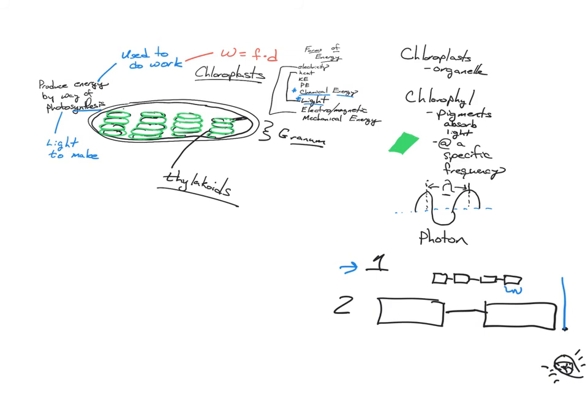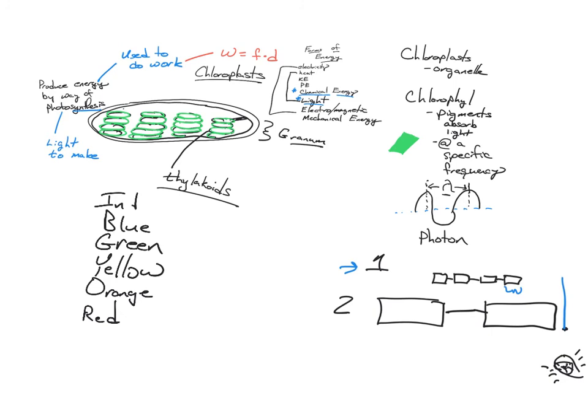So it turns out light has colors as frequencies as well, wavelengths and frequencies. So let's take a look at red. What are the colors of the rainbow? Of light? Red, orange, yellow, green, blue, indigo, violet.